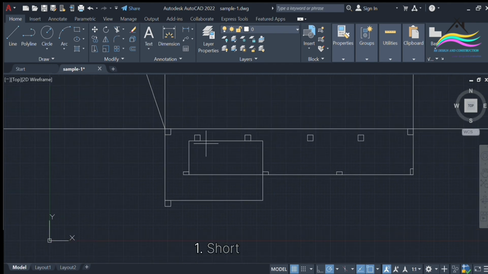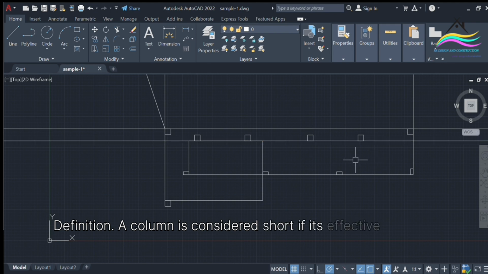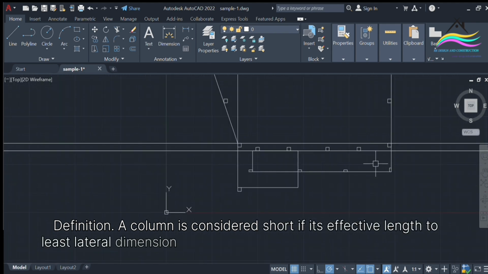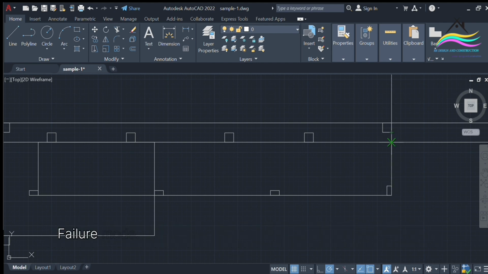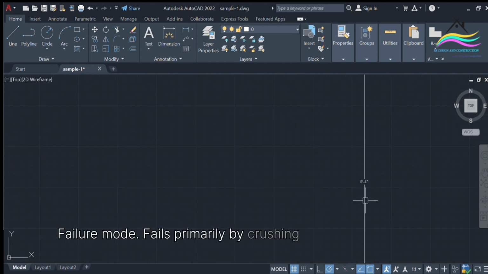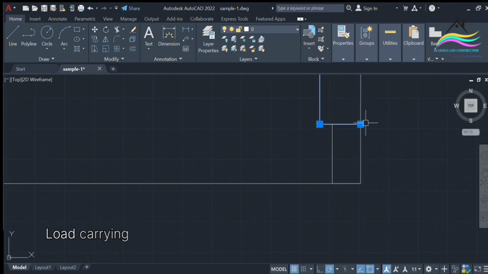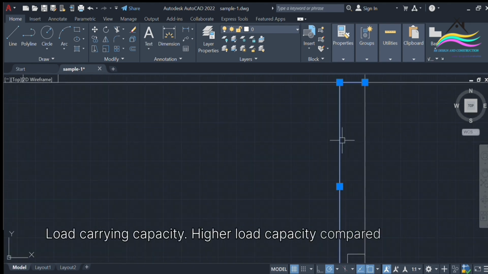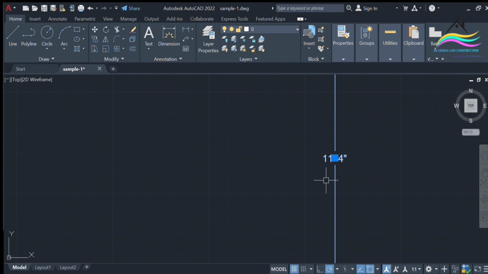1. Short columns. Definition: a column is considered short if its effective length to least lateral dimension ratio is less than a specified limit, commonly 12. Failure mode: fails primarily by crushing of the material due to direct compression. Load carrying capacity: higher load capacity compared to slender columns, as they are less likely to buckle.